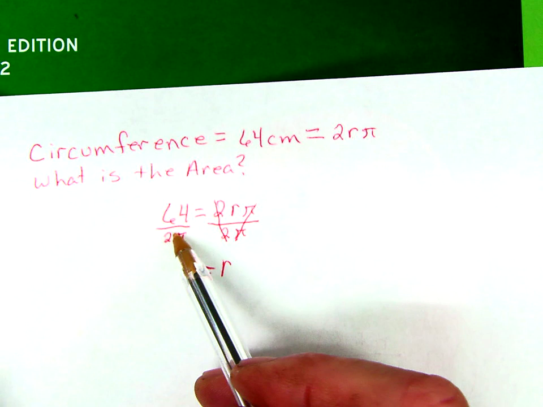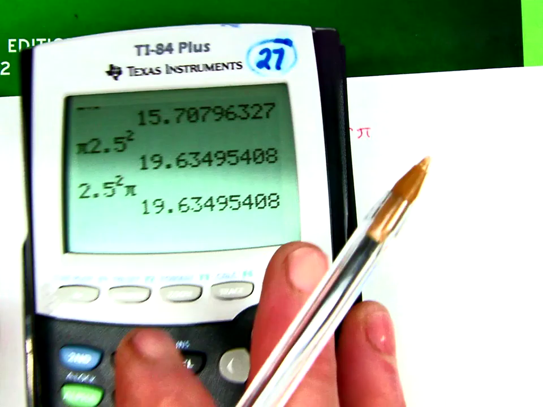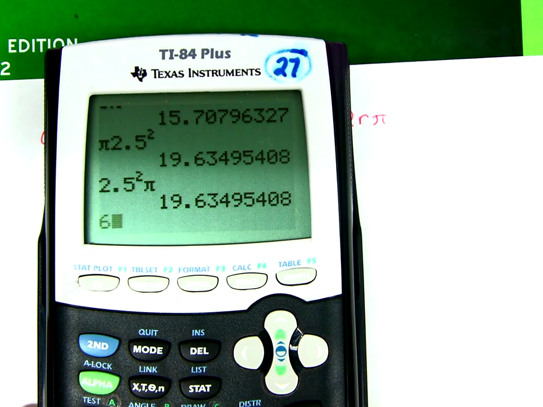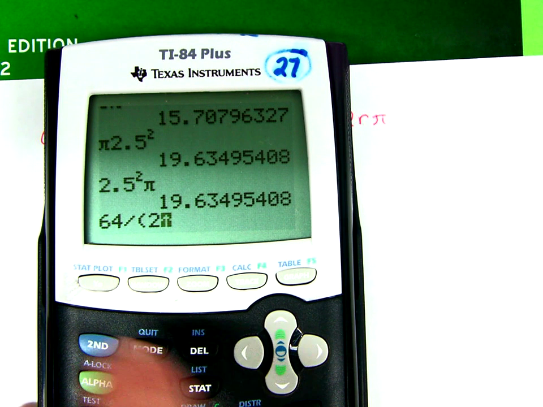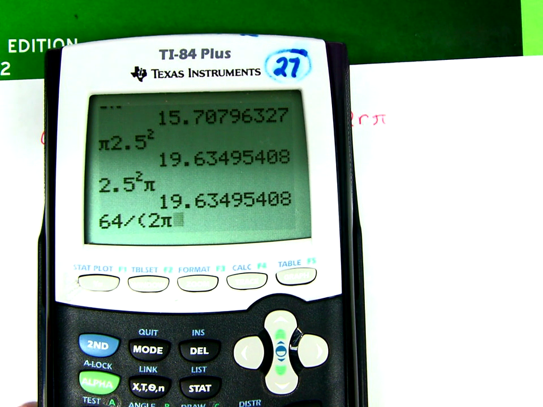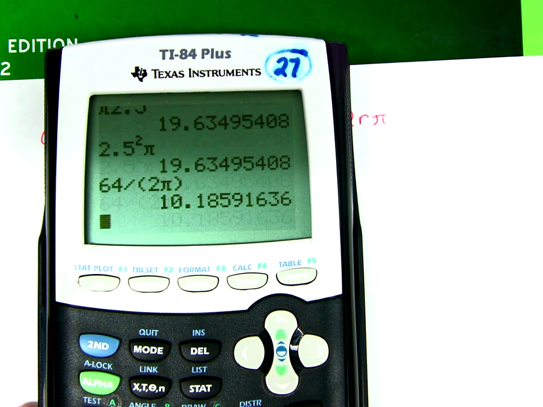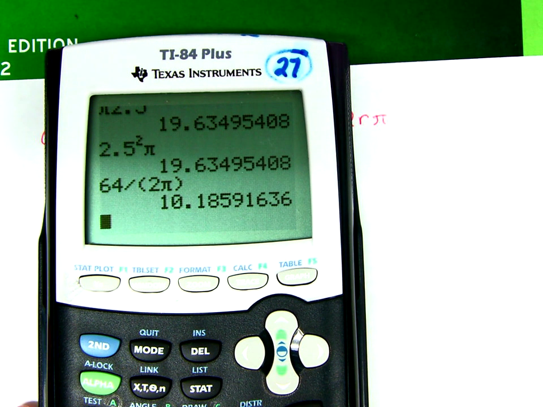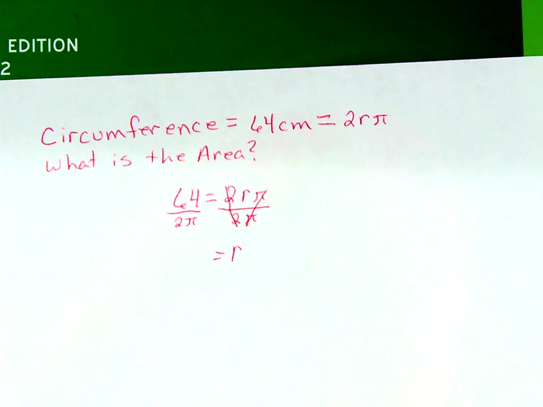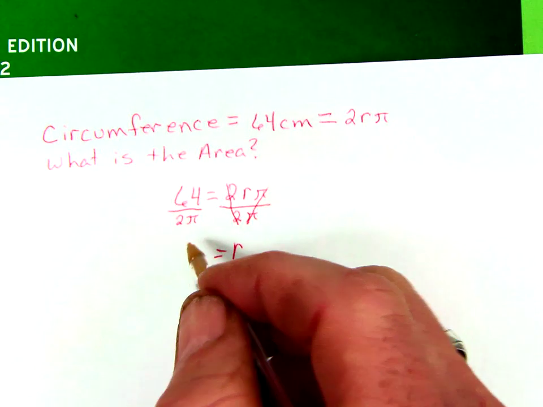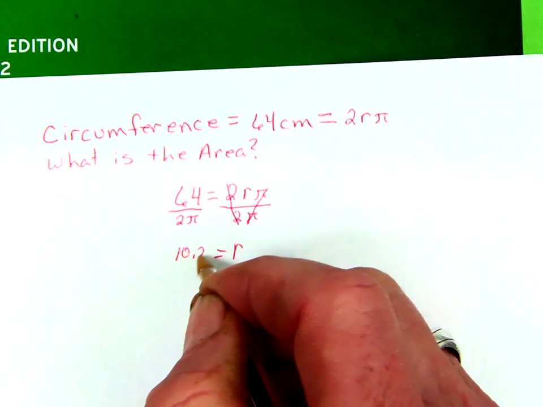And 64 divided by 2 pi. Let's see, 64 divided by 2 pi. 10.2.